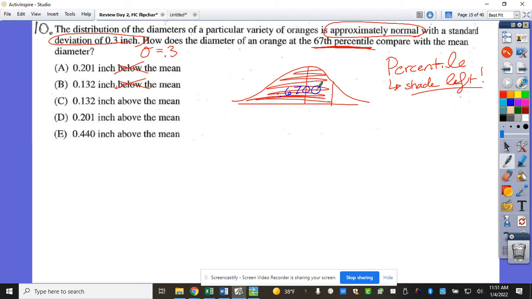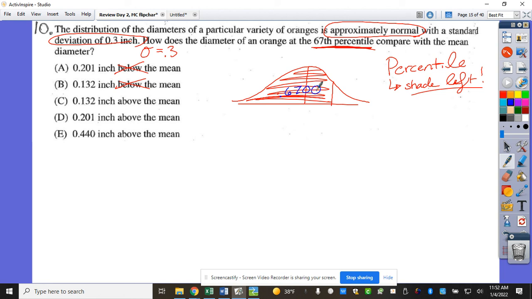Since this is the last one I'm going to be doing and we've got plenty of time to do it, let's actually go ahead and do this. So our yellow sheet is essentially broken down into 2 things. Something on the outside and something on the inside. What are the things on the outside of your yellow sheet? Your z-scores.